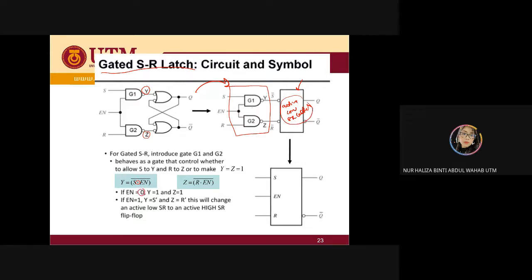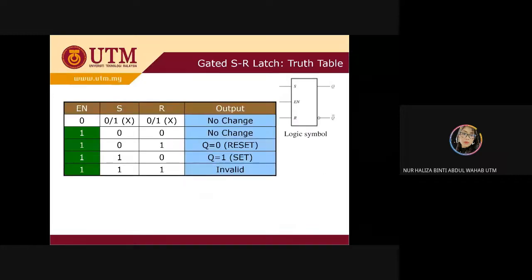If EN is 0, Y is 1, Z is 1. If EN is 1, Y will be your S bar and Z will be your R bar. This changes the active low SR to an active high SR flip-flop for EN equal to 1. You can go through and read this, but let's see what the example of the truth table is.